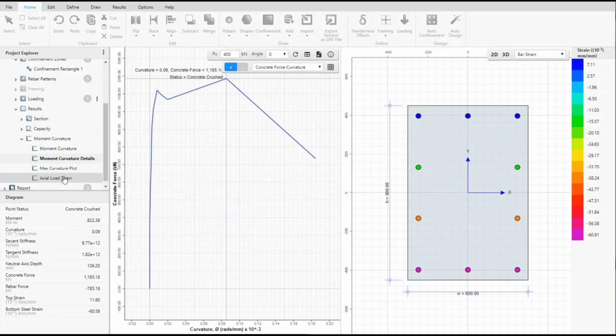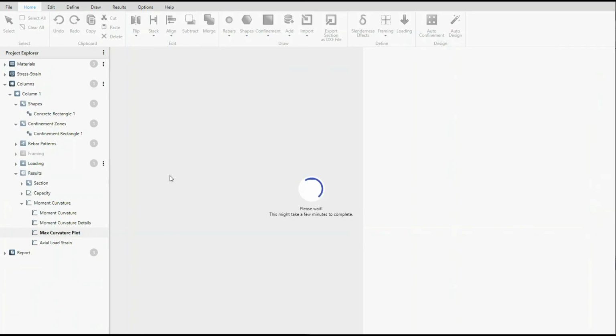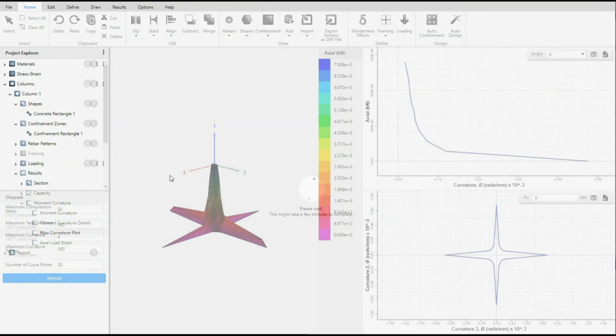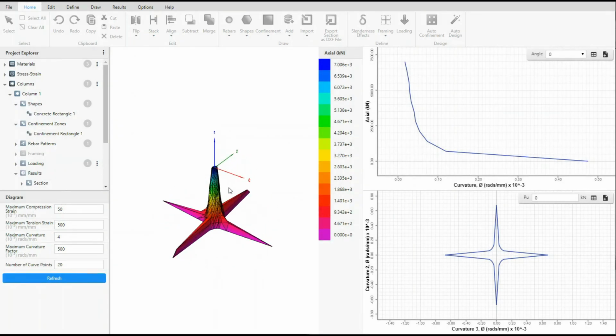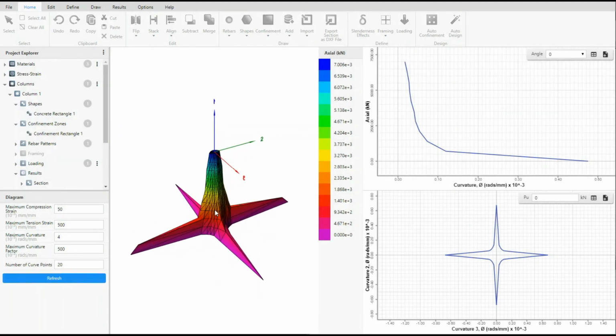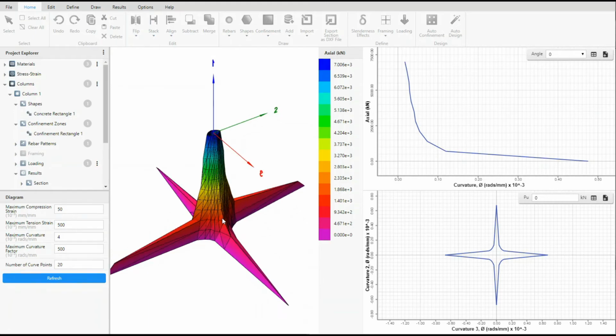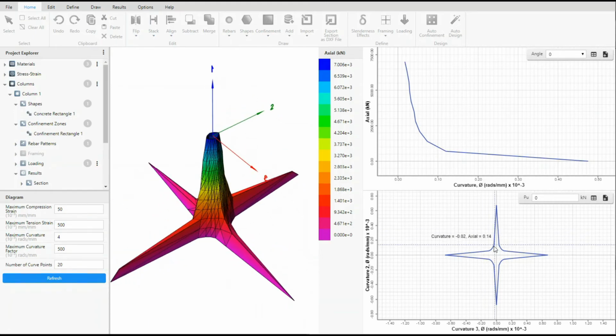And finally, we can have the maximum curvature plot that I showed you in the beginning of the discussion. Here it is. That is the plot between the axial force and the maximum curvature, which is the maximum curvature at that particular load.